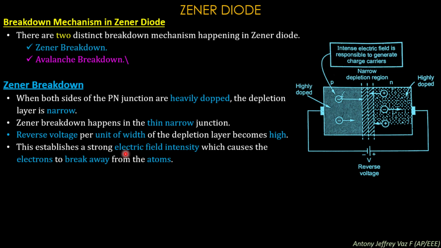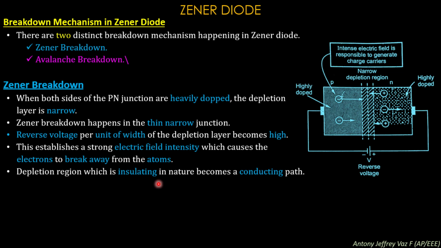This establishes a strong electric field intensity which causes the electrons to break away from the atoms. This very strong field, created by the reverse voltage in this thin, narrow depletion region, causes the electrons in the depletion region to break away from their parent atoms.